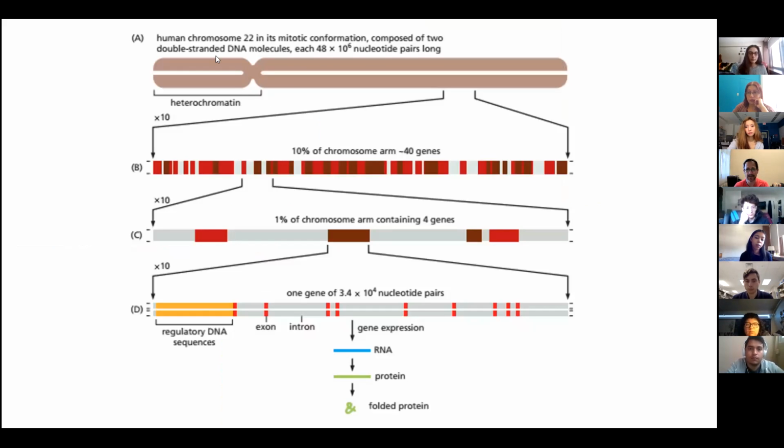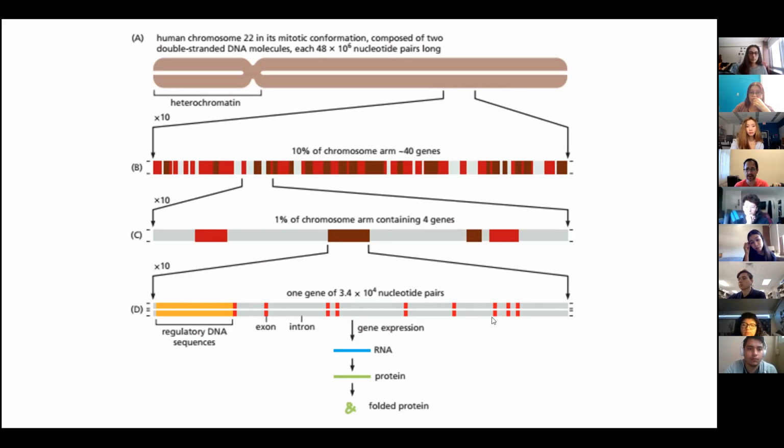If we think about the gene, we have the chromosomes. If we go deep into the chromosome, we can see how it's organized: there are genes along the chromosome arms. If we go further into 1% of the chromosome, we can find 4, 5, or 6 genes depending on the chromosome. And each gene can also be divided into subregions, in this particular case the regulatory DNA sequences, exons, and introns.